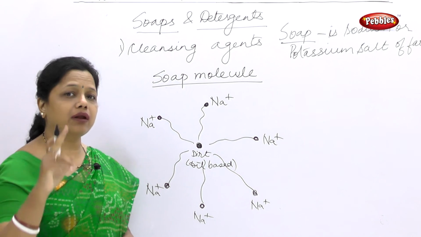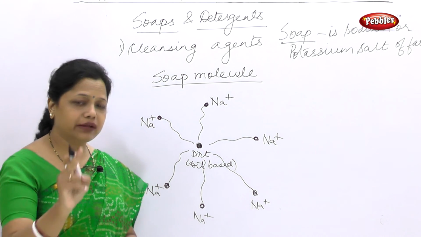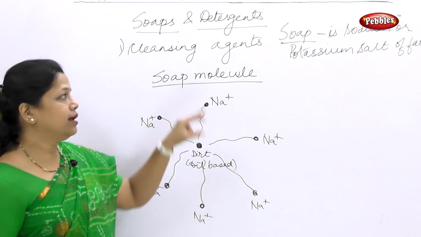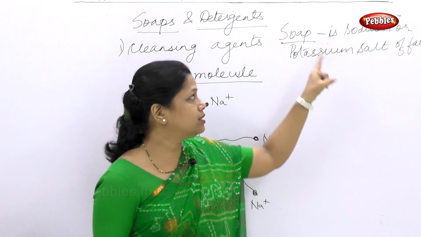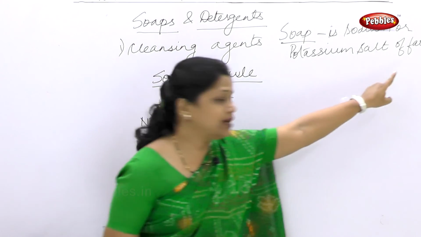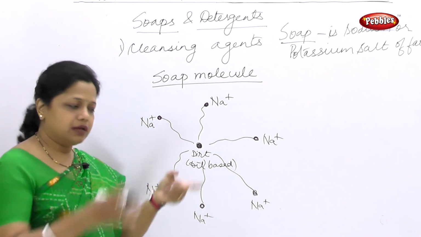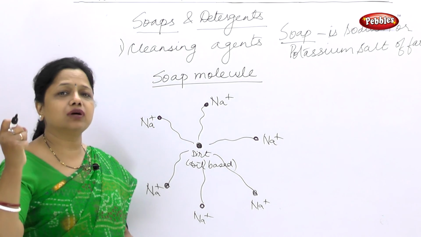Now you all know that organic compounds are soluble in organic solvents, not in water. That is why soap is made in such a way that it is a sodium or potassium salt of fatty acid. This fatty acid is in the solvent form. This solvent form surrounds the dirt and snatches it away from the cloth.